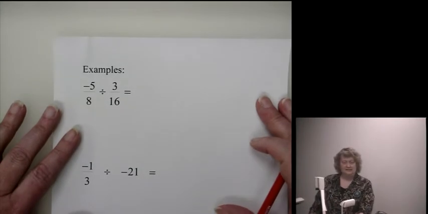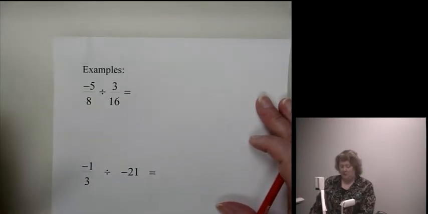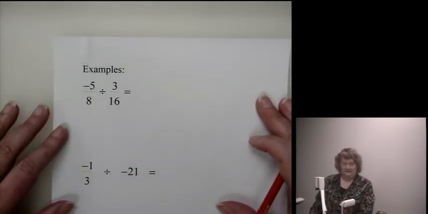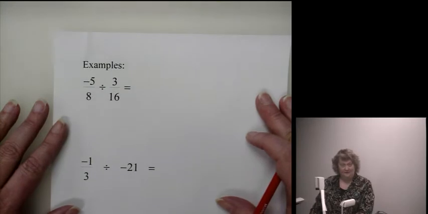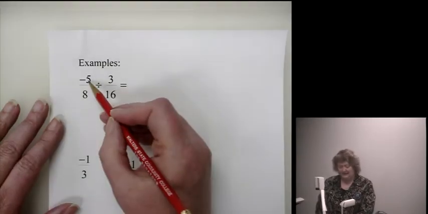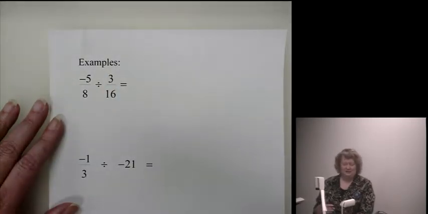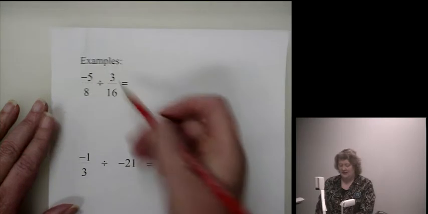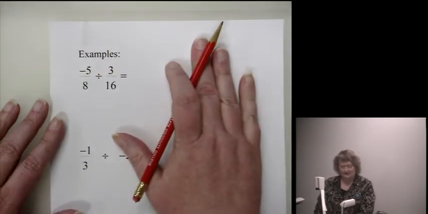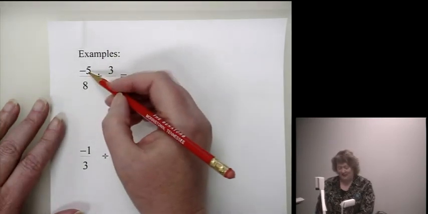So let's look at some examples, and we're going to add our positive and negative numbers because we deal with real numbers that include negatives and not just positive fractions.